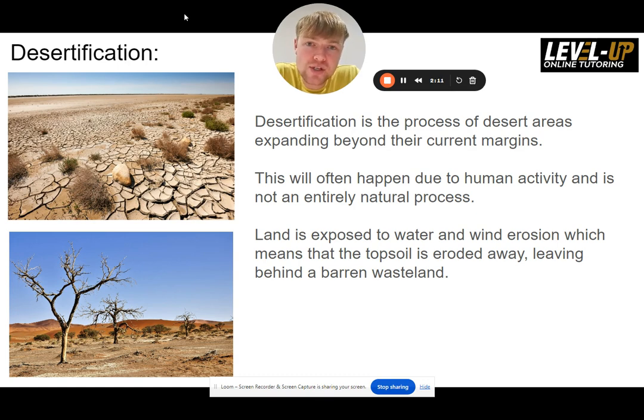So if we are deforesting or we have particularly high winds and a lot of that top layer of the soil is stripped away, then what we're left with isn't a lot of organic matter. That soil is not very well bound together, and therefore it's very susceptible to things such as wind and water erosion.